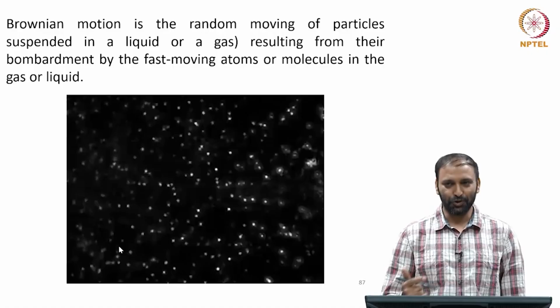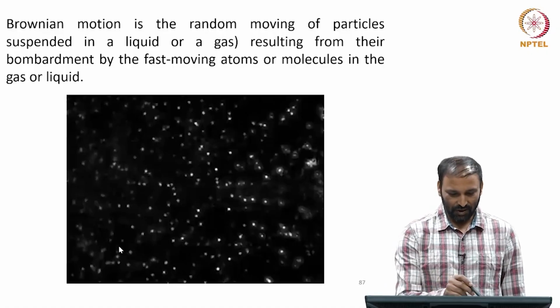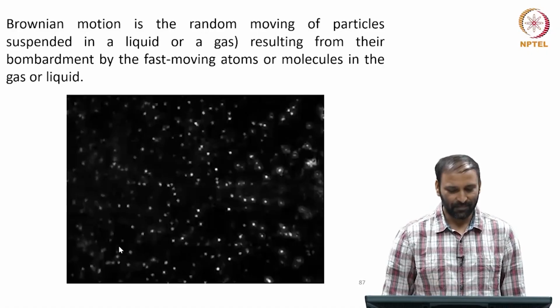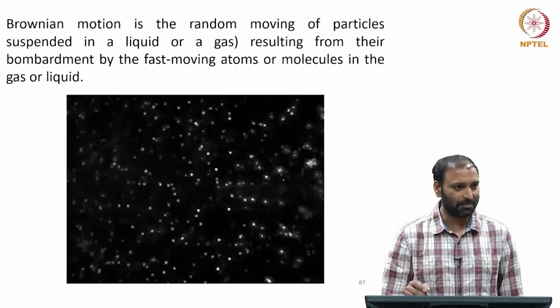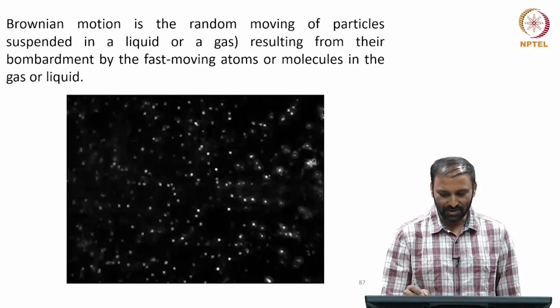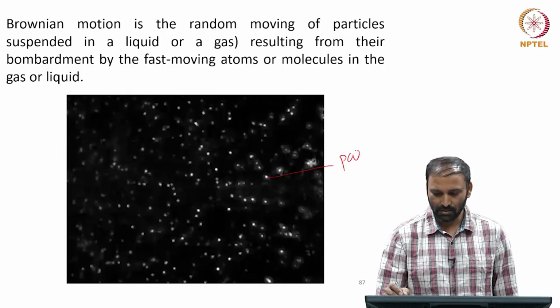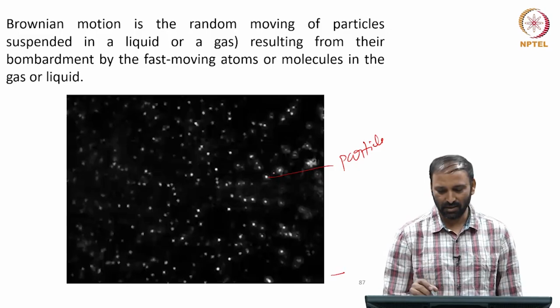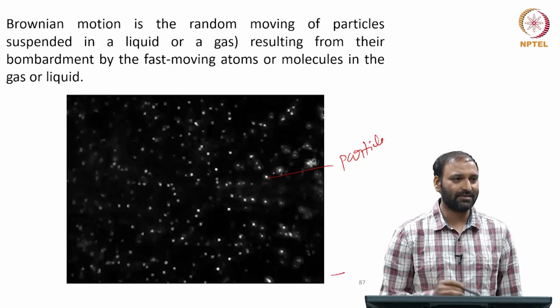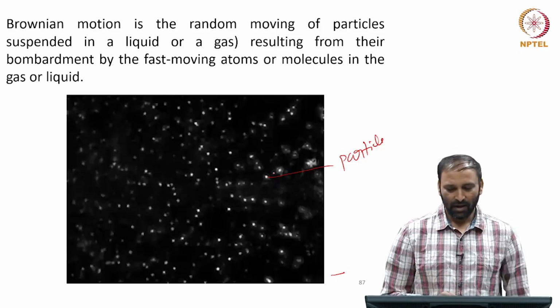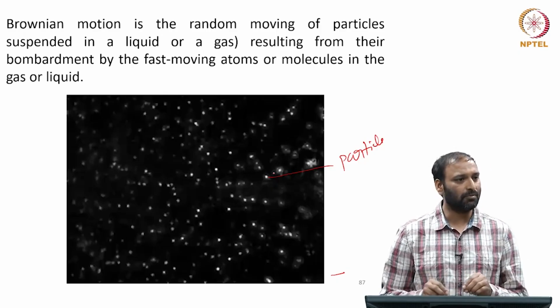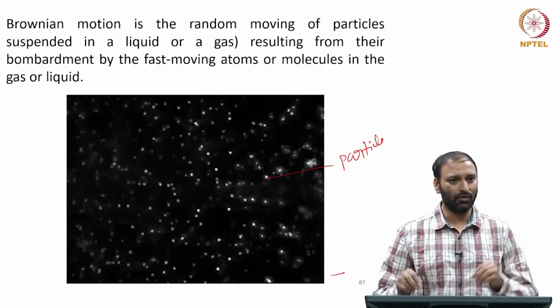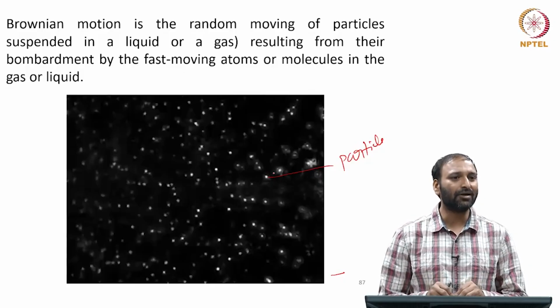What I wanted to show you is this image with dark regions and bright regions, and the bright regions are the particles. They are very tiny. There is no scale bar here, but the size of these particles is about less than half a micron. If you see this movie, you will see that they are jiggling around, not in any particular direction.